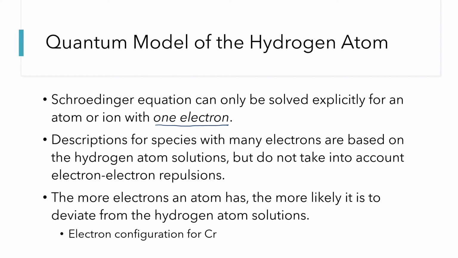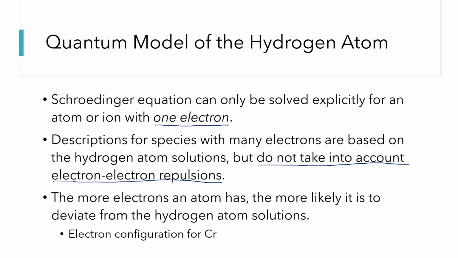in order to describe them, we're going to base our description on the hydrogen atom solutions with just one electron, but we need to always keep in the back of our mind that they do not account for electron-electron repulsions. These hydrogen atom solutions do not account for the fact that when you have more than one electron, there are some energy terms associated with each electron repelling all of the other electrons that are present.